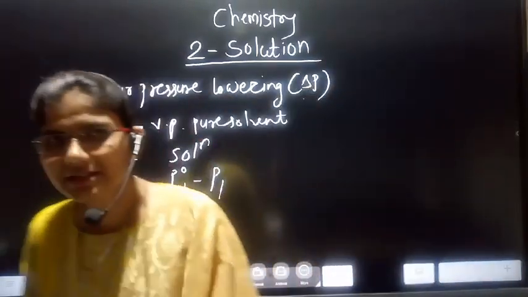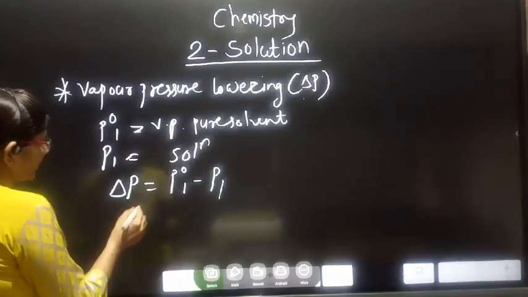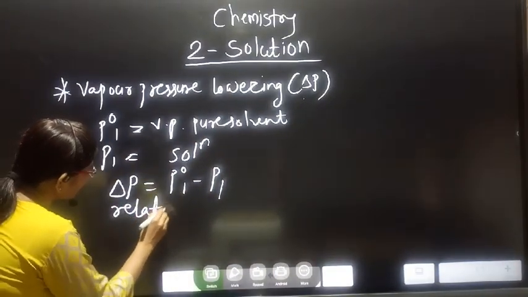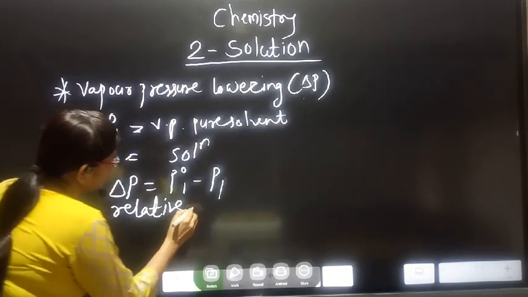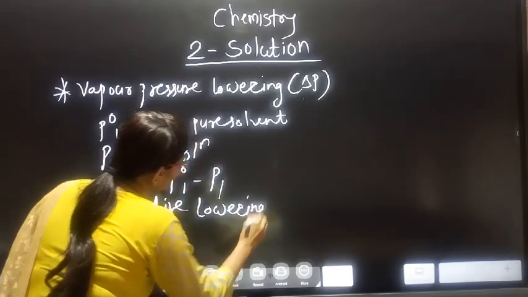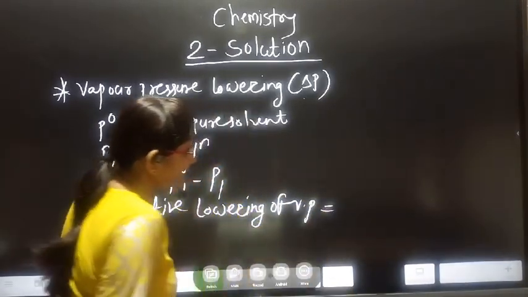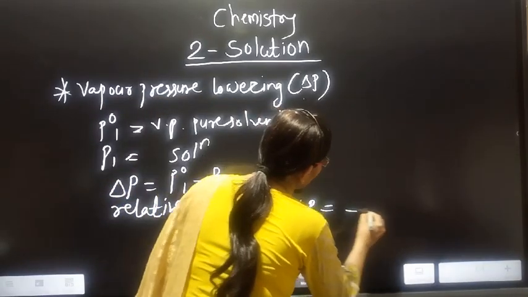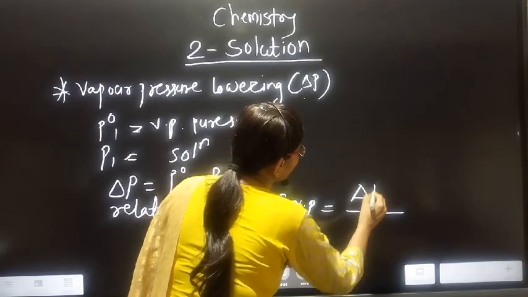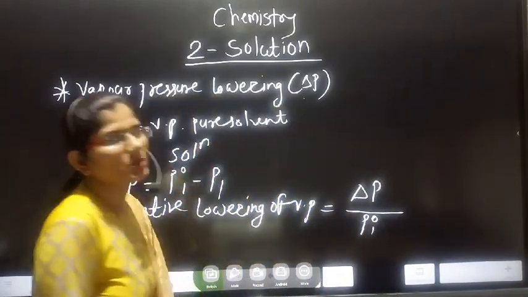Then we discussed what is meant by relative lowering of vapor pressure. The relative lowering of vapor pressure is defined as the ratio of the lowering of vapor pressure to the vapor pressure of the pure solvent.